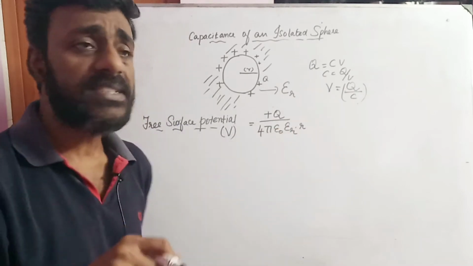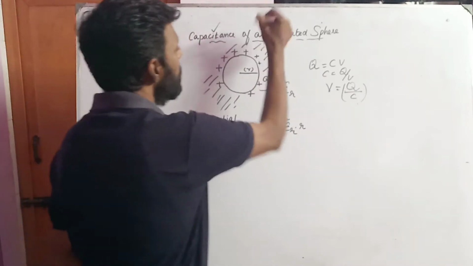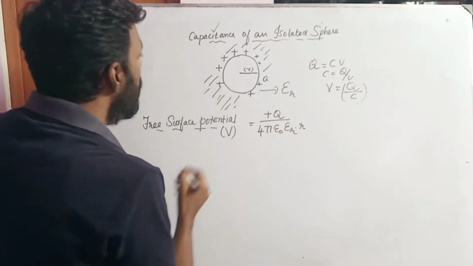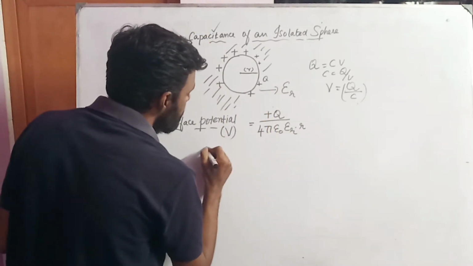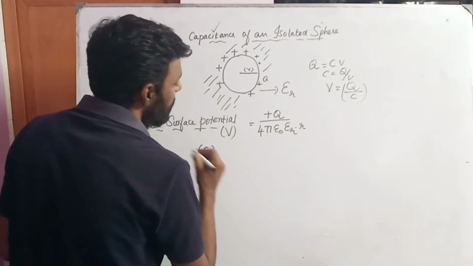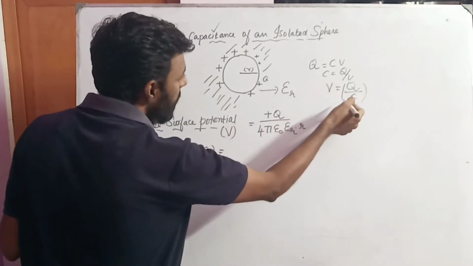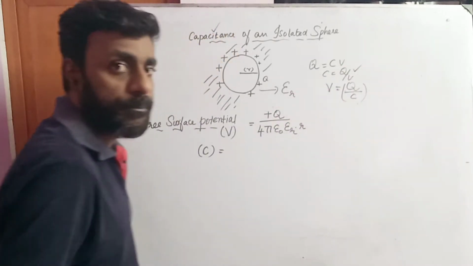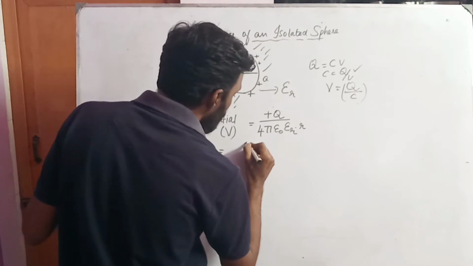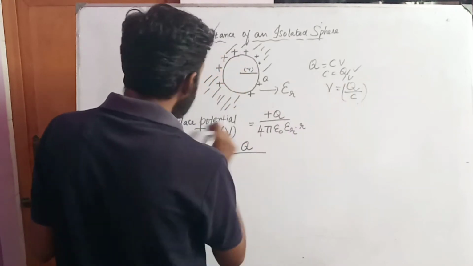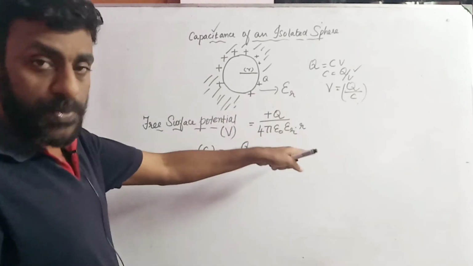But we are interested to find the capacitance of this isolated sphere. So in order to find the capacitance, capacitance is expressed as capital C. C equal to Q divided by V. So we need to put Q in the numerator divided by V. V is the free surface potential value which we had obtained.